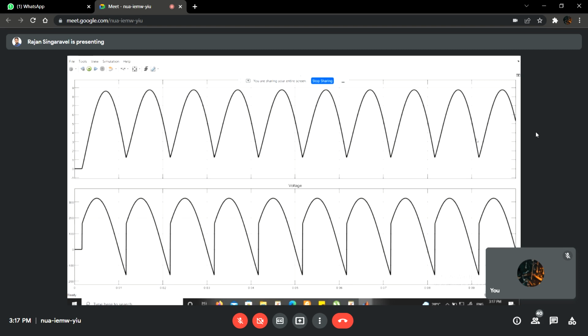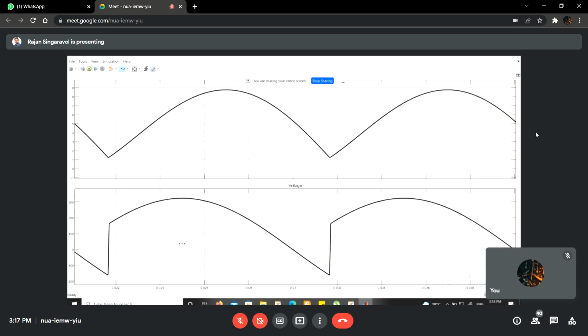Within this one cycle, for some duration, both voltage and current are positive.